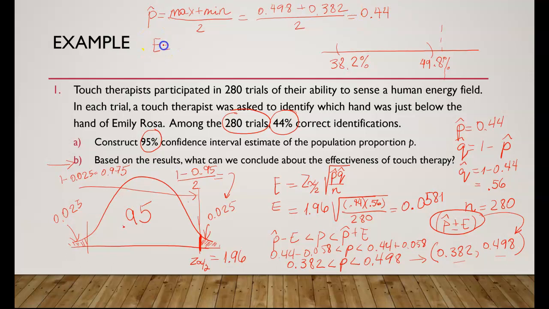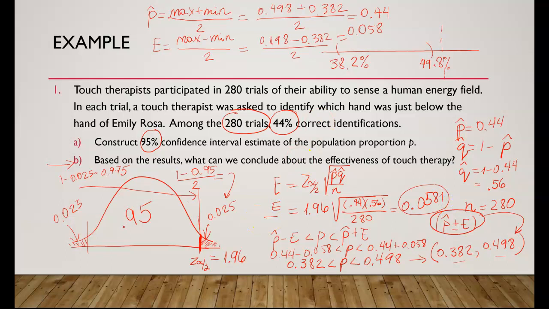And to find the margin of error from the confidence interval limits, subtract the lower interval limit from the upper interval limit, maximum minus minimum, divided by 2. 0.498 minus 0.382 divided by 2 equals 0.058, which is the same number that we found using the formula.